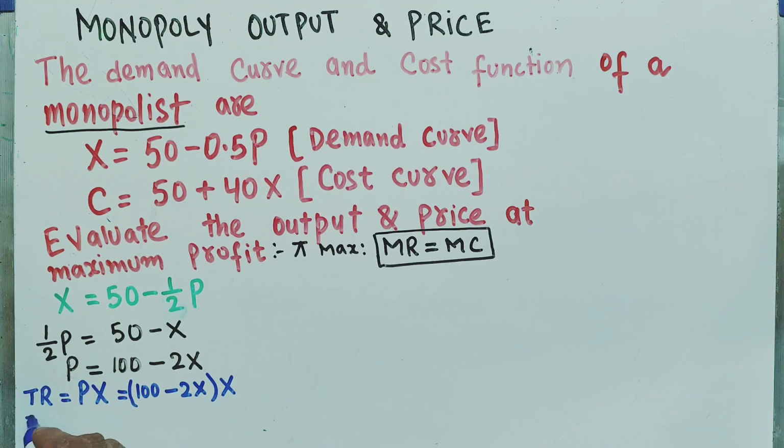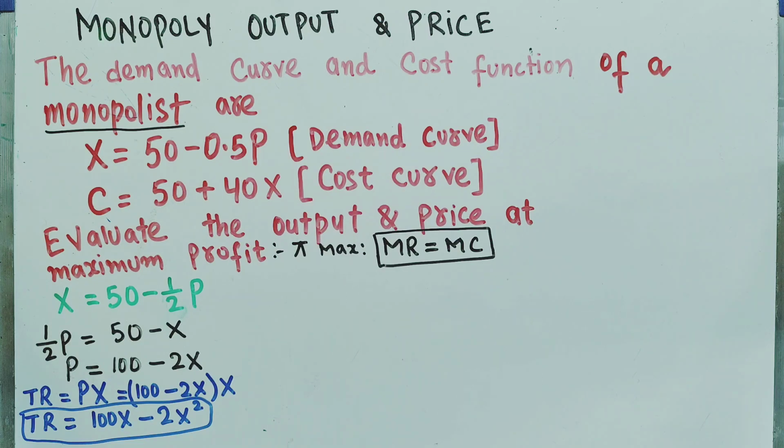So our total revenue will be equal to 100 into x is 100x, minus 2 into x is 2x square. This denotes our total revenue function.